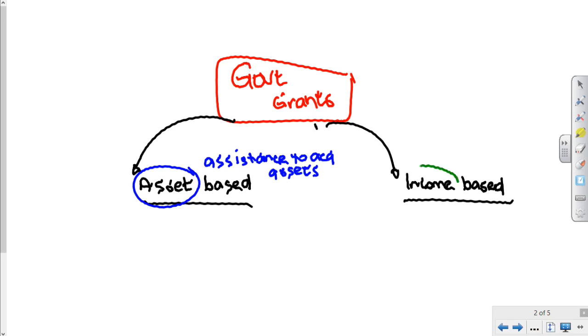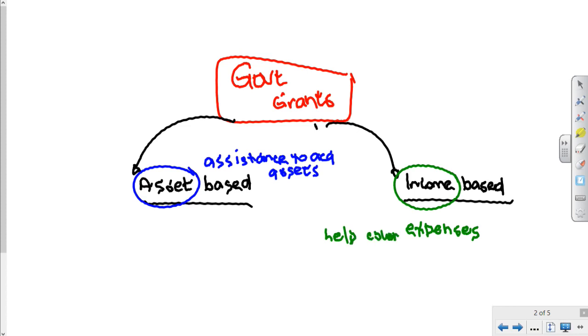Income-based grants, it's actually a bit of a misnomer because it's really not to do with income. It's more to do with expenses. And income-based grants are to cover expenses, help cover expenses.